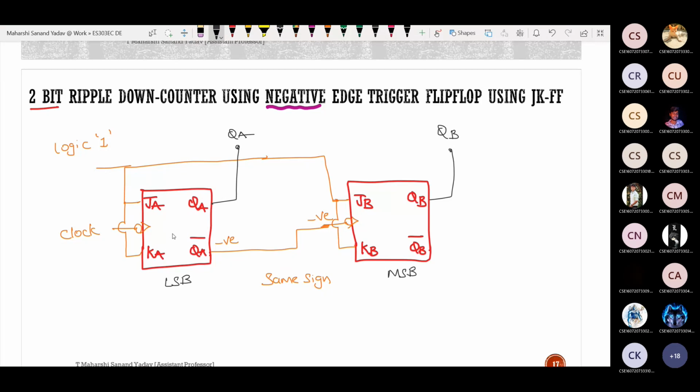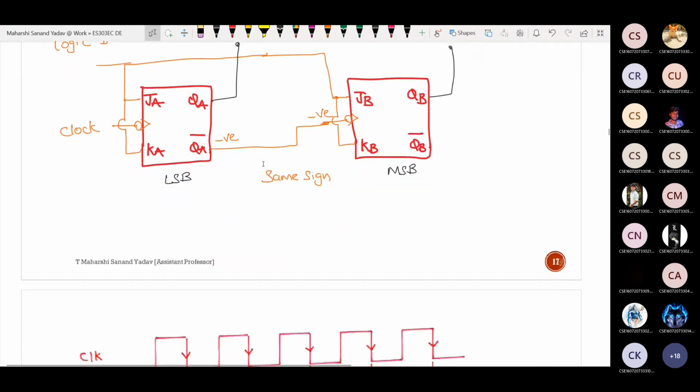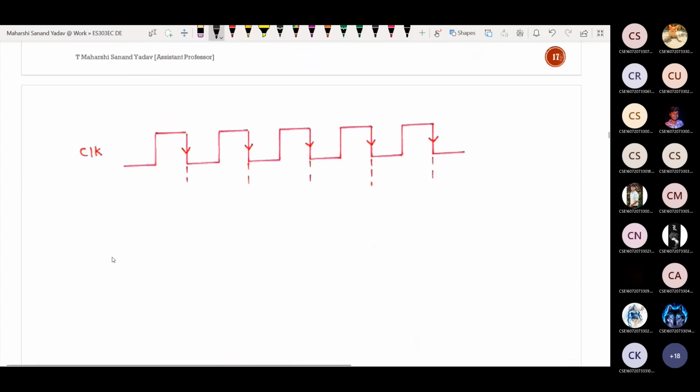And next I want the timing diagram. I'm taking negative edge trigger. What is the next step? First draw QA.